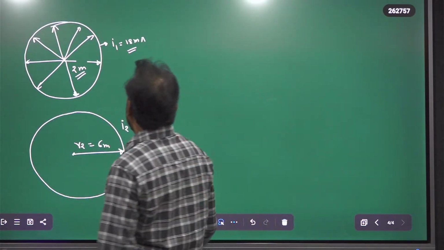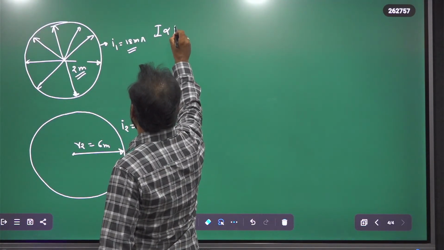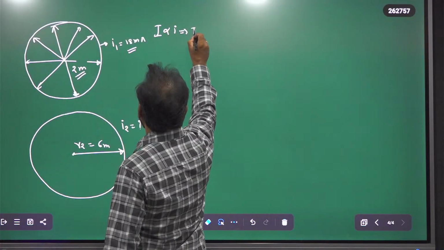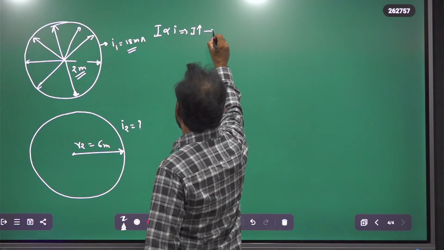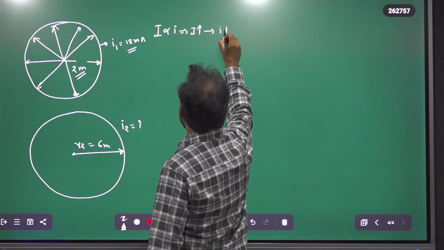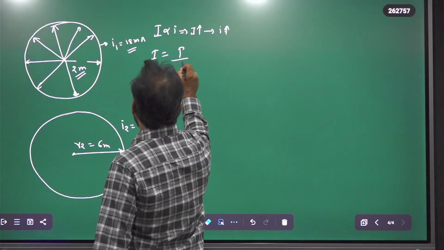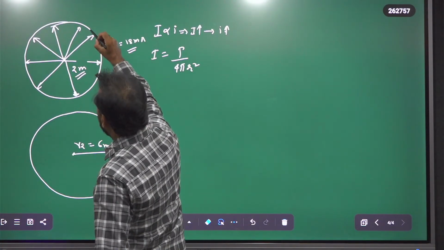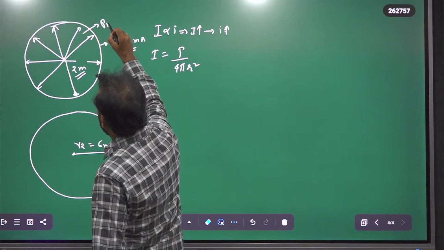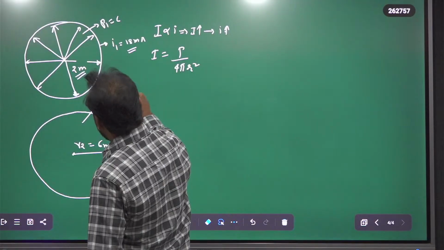Already you know that the intensity of photons, I, is directly proportional to the current I. That means if intensity increases, current also increases. But I is P upon 4 pi R square, where power remains constant: P1 is constant, P2 also constant.